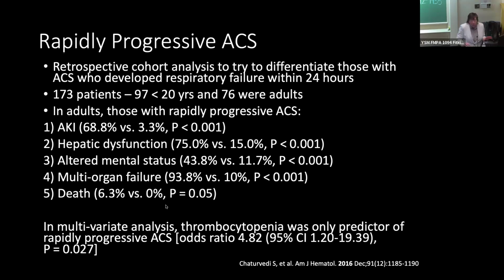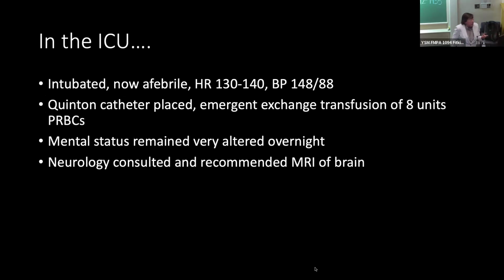When they did their multivariate analysis to look at what predicted risk for this rapidly progressive form of severe ACS, thrombocytopenia had an odds ratio of almost 5 as the predictor. What I tell our residents is when the platelets go down, so does the patient. So it's really the biggest thing to think about.